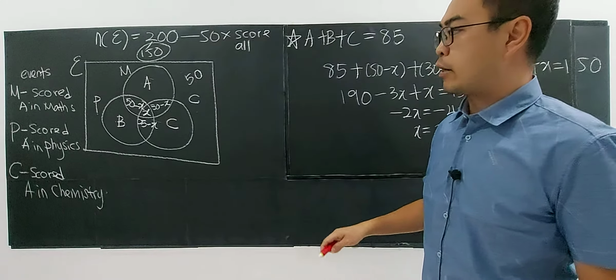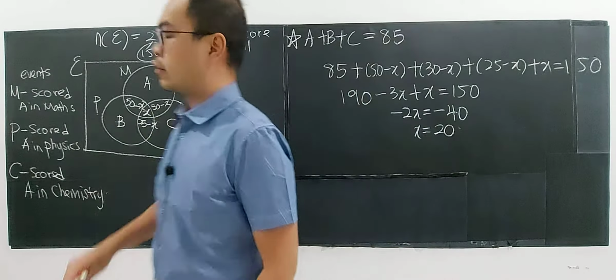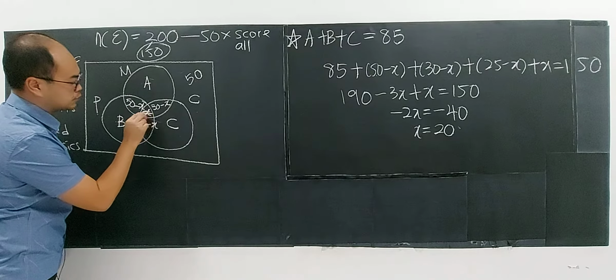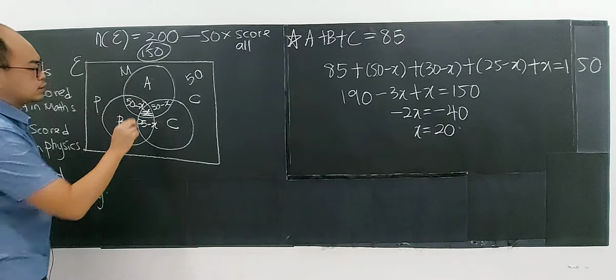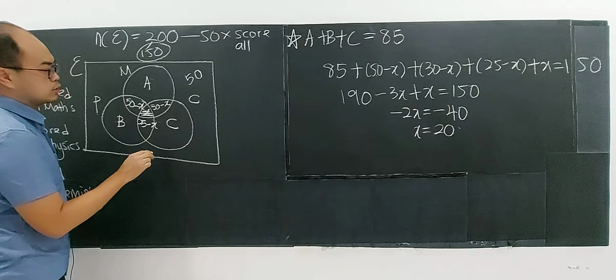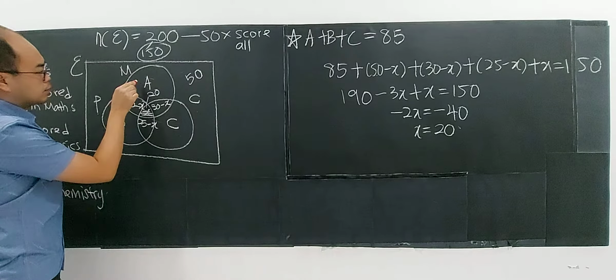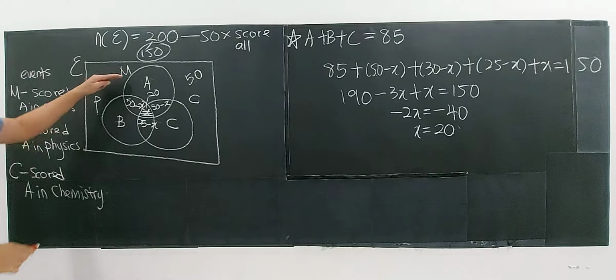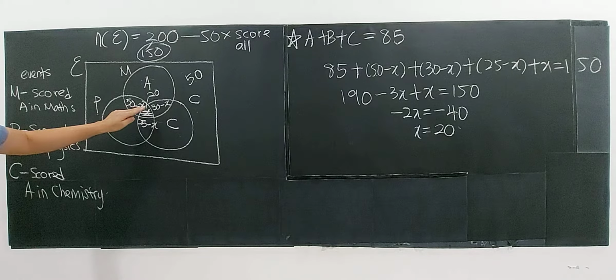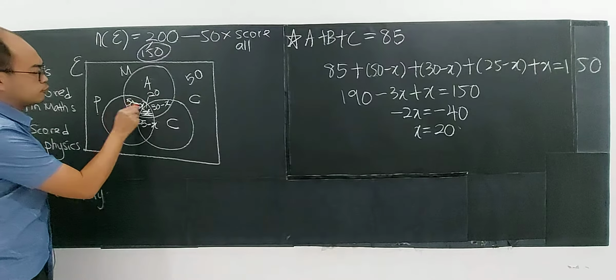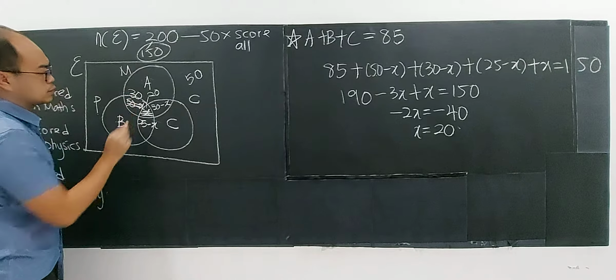So definitely now I'm going to modify this diagram. Now I know the number of students that score in 3 subjects, which will be 20, so I'm going to redraw 20 here. And how about maths and physics? Maths and physics is 50 minus x, so 50 minus 20, you have 30.